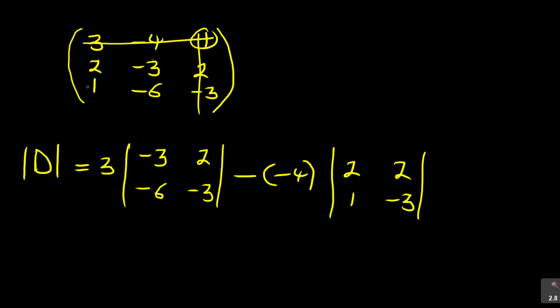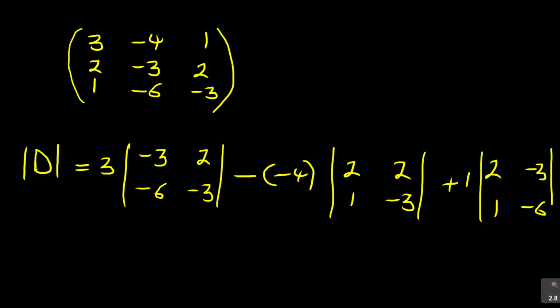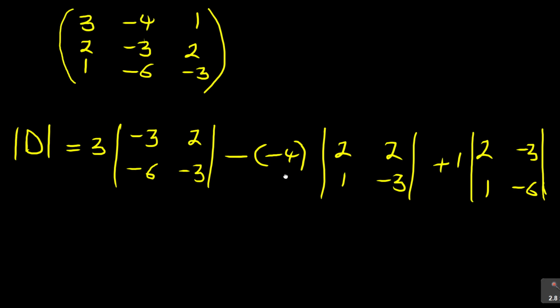Then I've got 2, 1, minus 3, and negative 6. And I've got plus 1, which is 2, 1 in here, and then I've got negative 3 and negative 6. So I'm evaluating this matrix. That is my D.